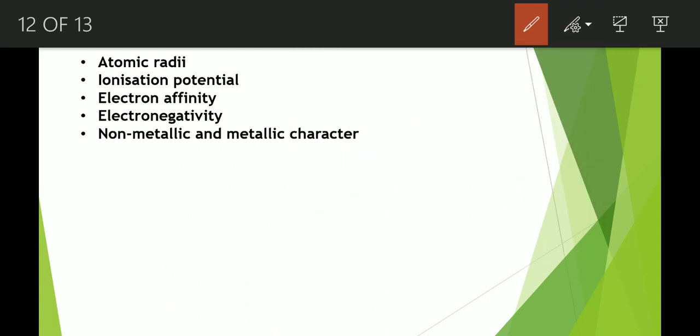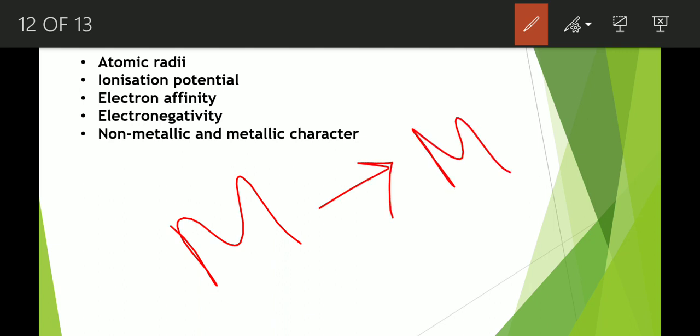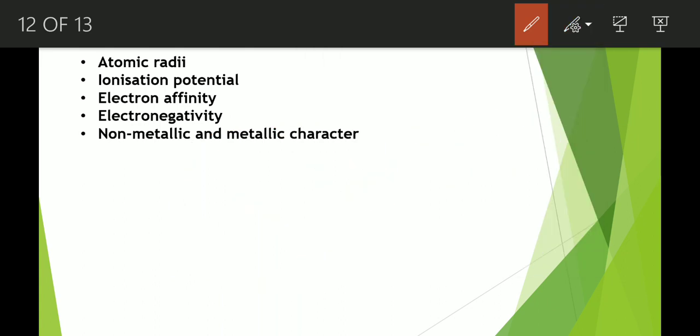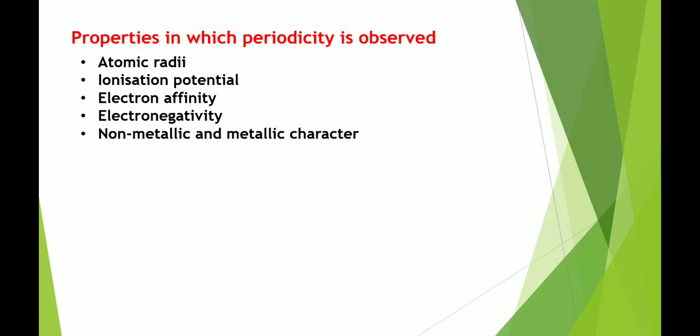And what is a metal? If M is an atom and it loses 1 or more electrons to become a cation, then we call it a metal. Clear? This is the metallic and non-metallic character, and all these characters show periodicity. So, this is all about this lesson.